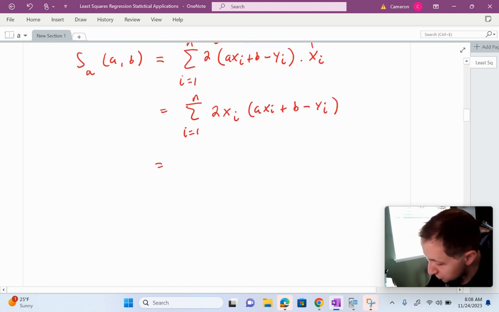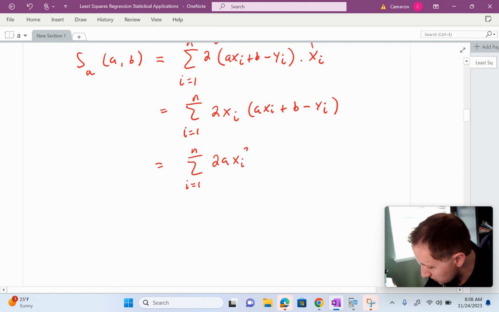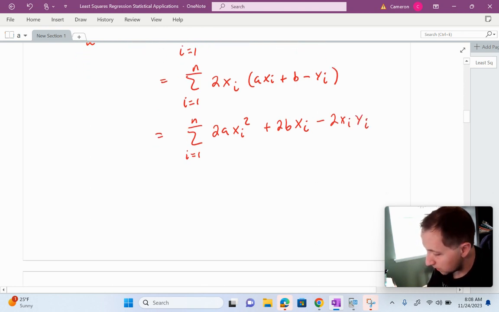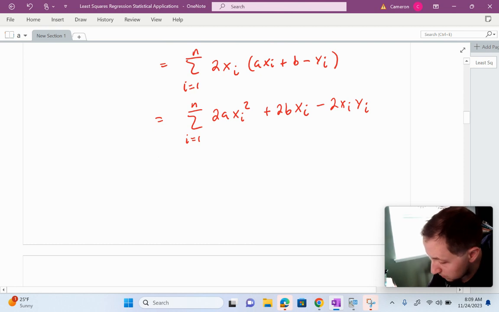And so if I distribute here, I get the sum from i equals 1 to n of 2a x_i squared plus 2b x_i minus 2 x_i y_i. Remember, this summation only depends on indices for x and y, so any coefficients a and b I can pull out front. And remember that this summation is a linear operator, so we can split this into 3 separate sums.